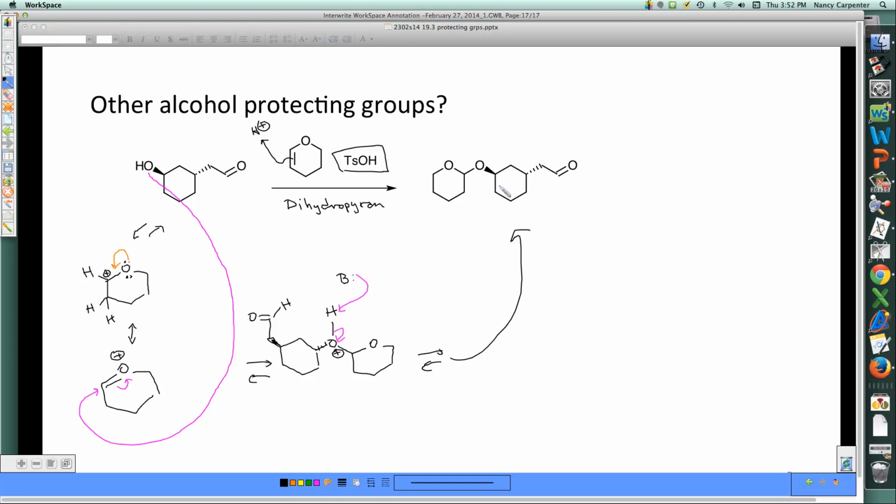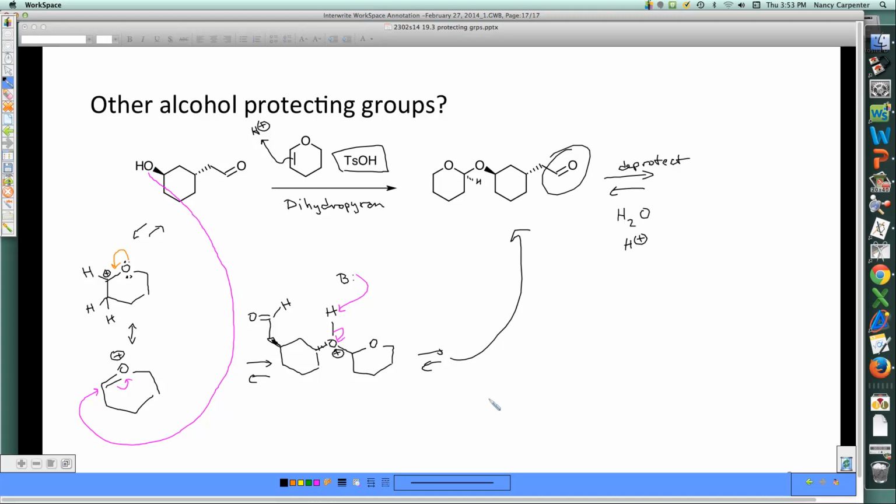Well, if you look at this, what is this? Huh, I'll be darned. This is basically an acetal. So this is just another way to make a protecting group, another way to make an acetal. And if I want to deprotect, then, well, you know what you'd do. You'd add lots of water and some acid to get the deprotected alcohol.